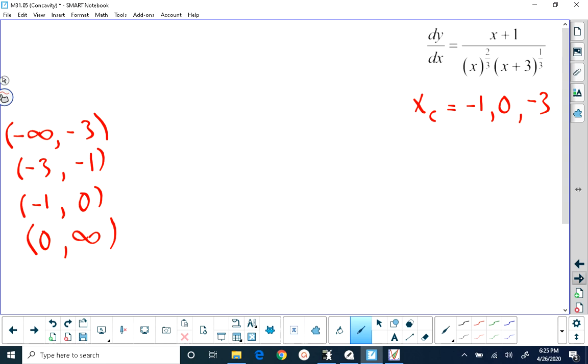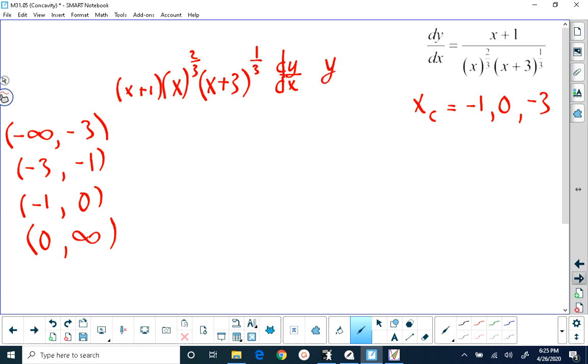So what do we have here? We have for factors x plus 1, we also have x to the 2/3, and then we have x plus 3 to the 1/3. We are doing this so we can determine the first derivative in terms of positiveness or negativeness, and we're doing that so we can determine whether the function goes up or down.